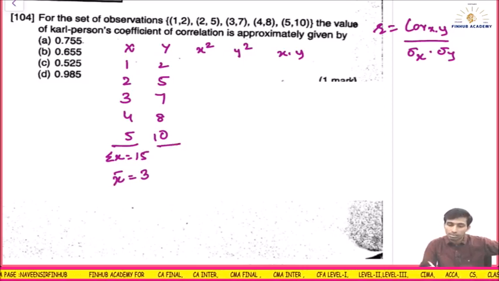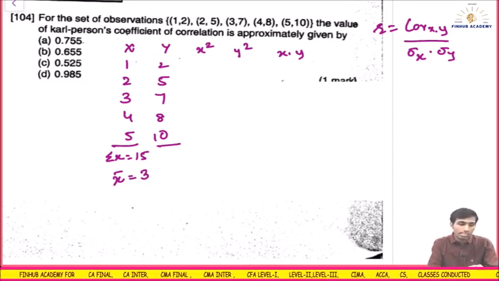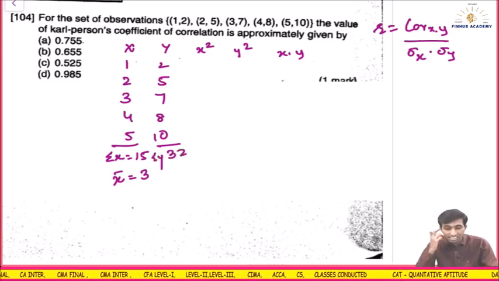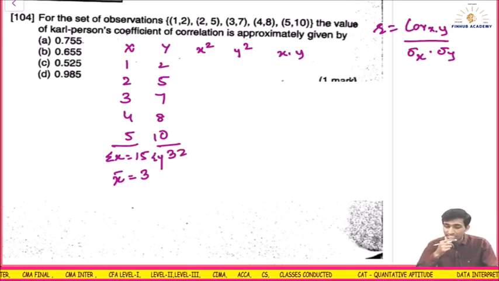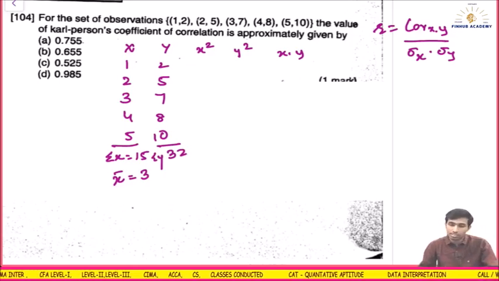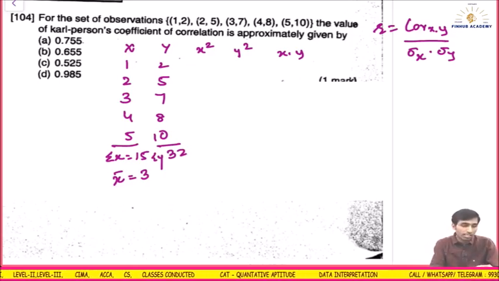And this total will be 7, 14, 14 plus 18, 32, summation y. Divided by 5, in decimal it will be a problem. So I'll get a negative.